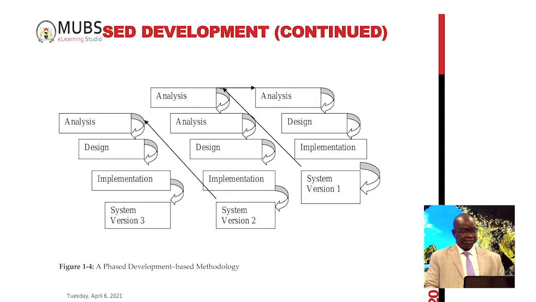So a phased development methodology breaks the overall system into a series of versions that are developed sequentially. Develop version 1, after that move to analysis 2, come up with version 2, move to analysis 3, come up with version 3. And this version 3 is going to be the final system. The analysis phase identifies the overall system concept and the project team, users, and project sponsor.